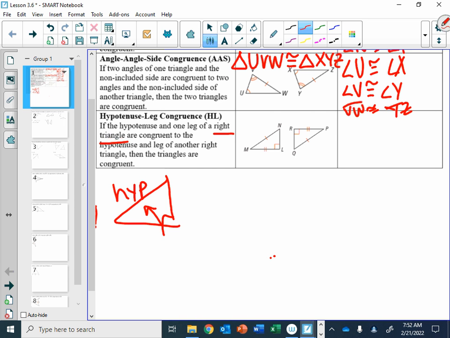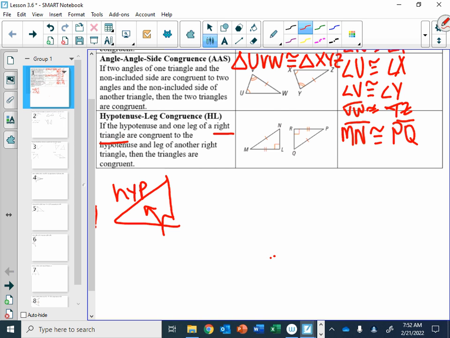One more time, let's go through this. Side MN, what is it congruent to? PQ, okay. I started with M, which is in between the two sides, so I need to start off with the angle that's in between the two sides here, so that would be PQ.